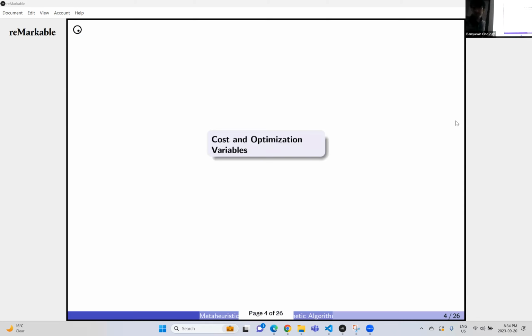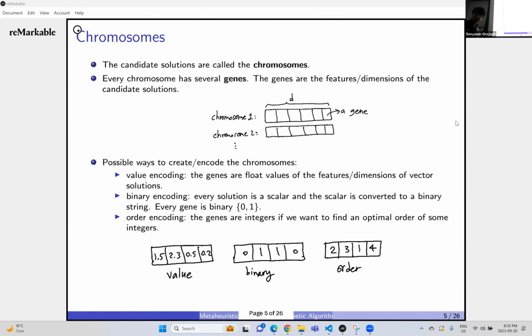Now let's talk about the genetic algorithm: cost, optimization variables, chromosomes. The name is obvious, so we are working with genomes and genetics, right? Our candidate solutions, we now call them chromosomes.